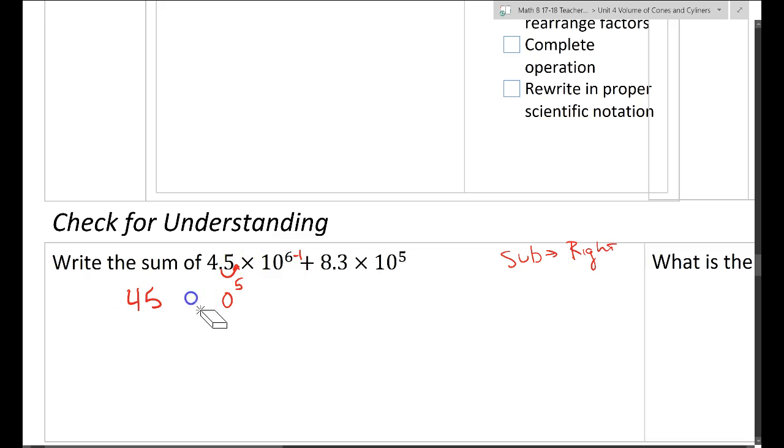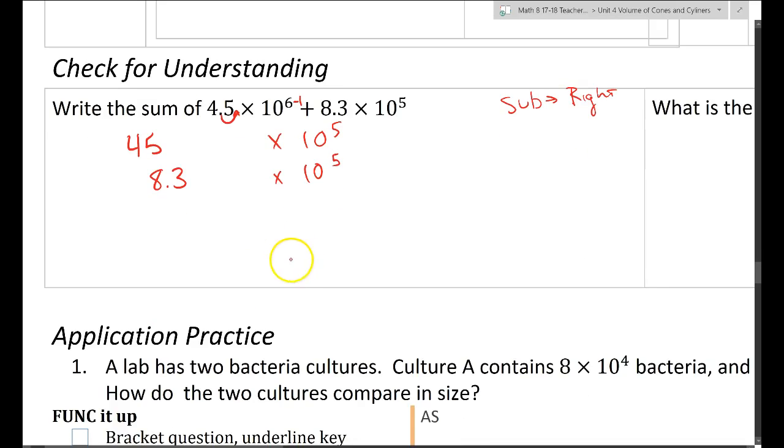So, let me rewrite this a little bit. 45 times 10 to the 5th, and 8.3 times 10 to the 5th. The 10 to the 5ths are the same, so I'm going to bring them down here. And here, I need to add. I'm going to say plus, get 3. That's 3. And I get 53.3.